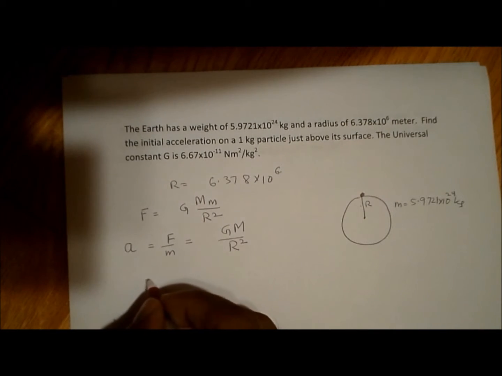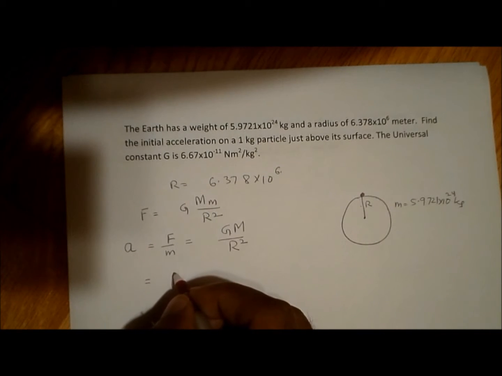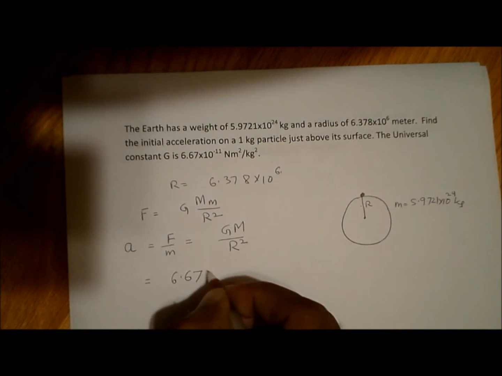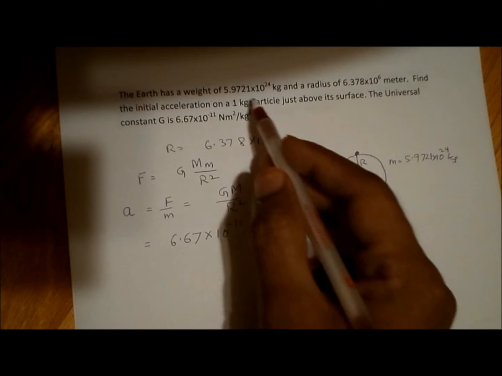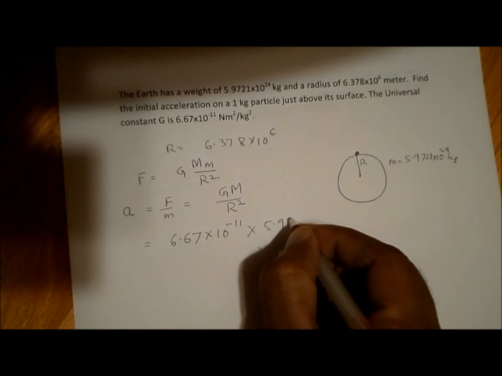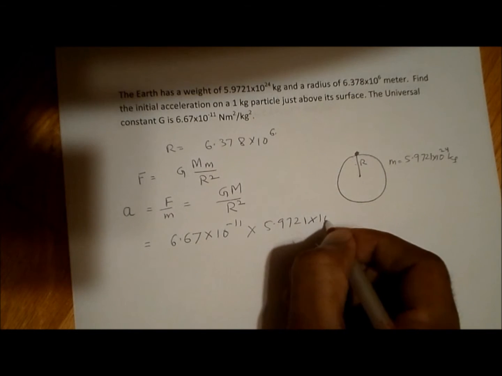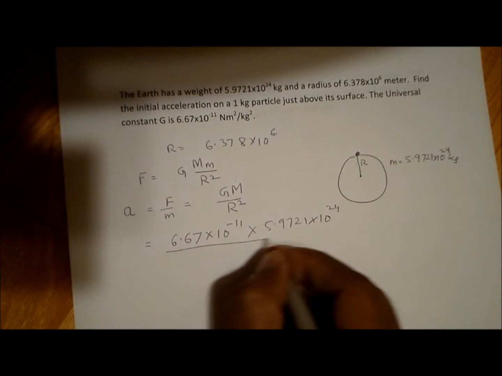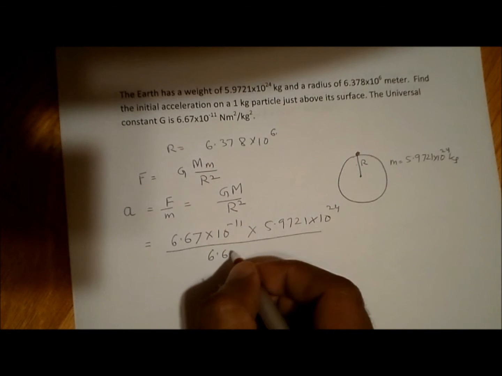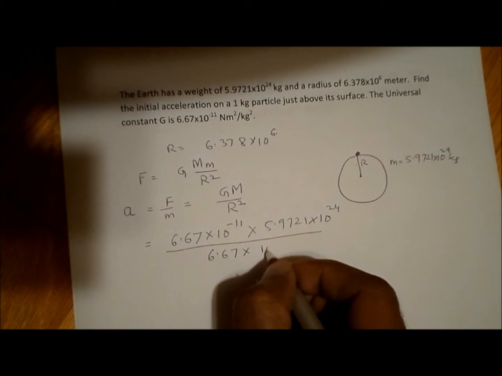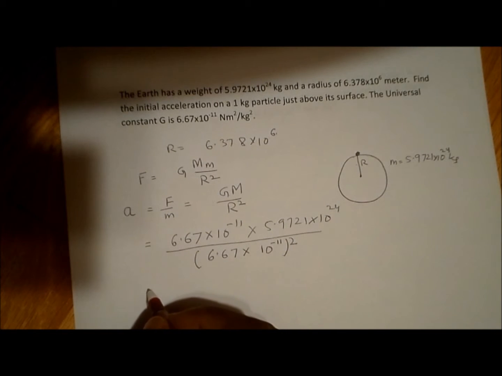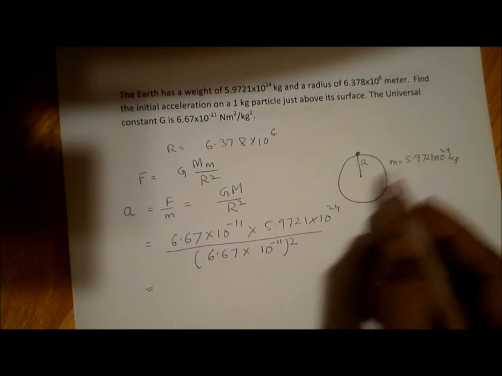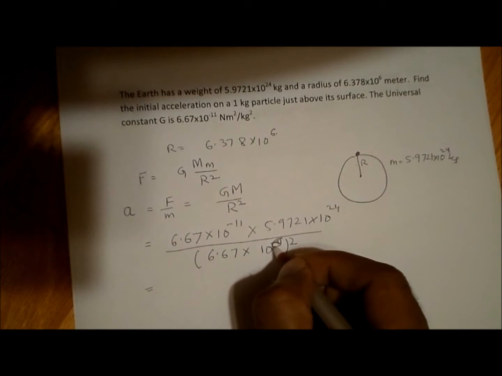If you put in these values, G is 6.67 × 10^-11, multiplied by the mass of the Earth, 5.9721 × 10^24, divided by R squared, where R is 6.378 × 10^6 meters, whole squared.